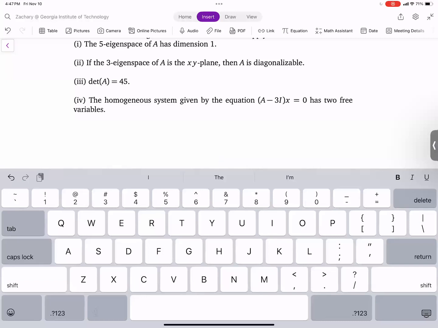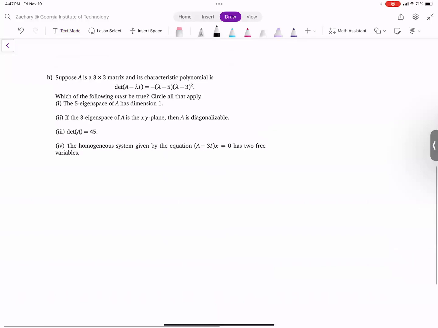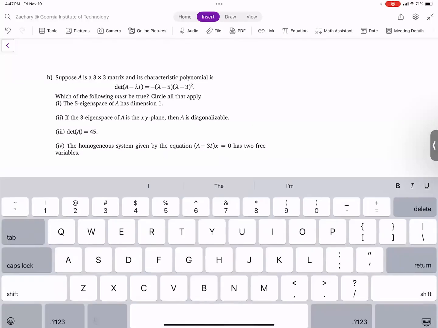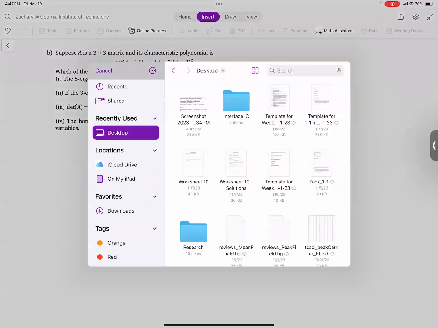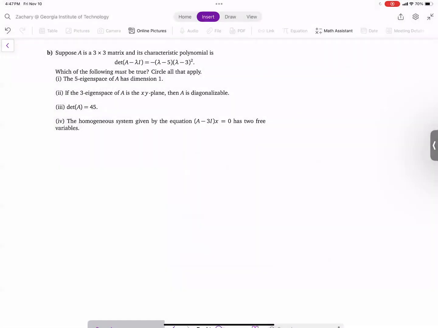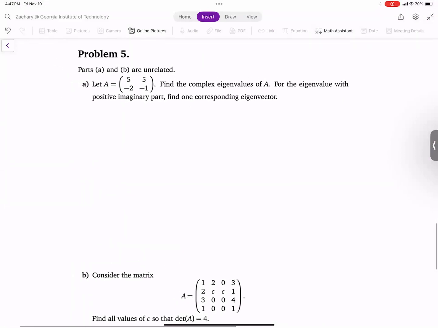The whole of problem 5? Okay, that's fine. Why does it keep doing that? Is this the right one? Okay, cool. Yeah, that's fine.